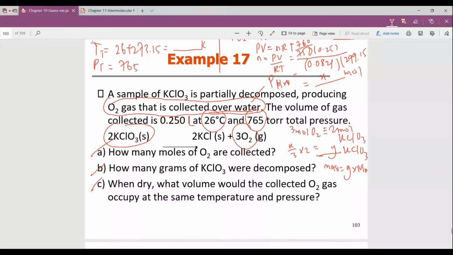You can use PV equal to nRT or Boyle's law, either one, you get the same answer. Same temperature and pressure means that they are constant. I use the information given here. Pressure and temperature are constant.